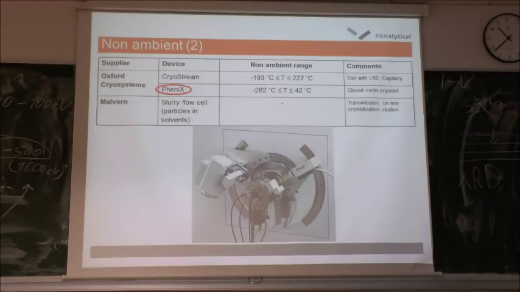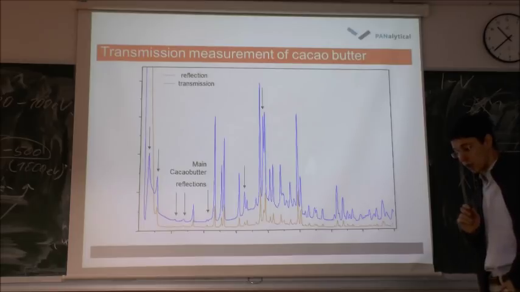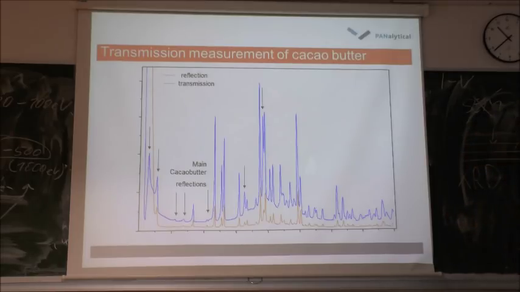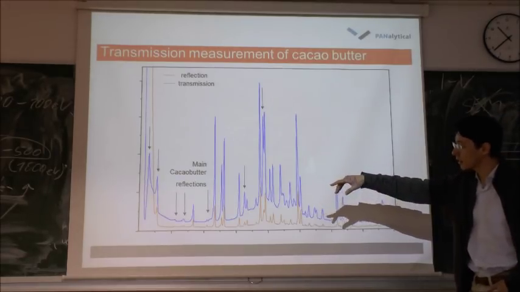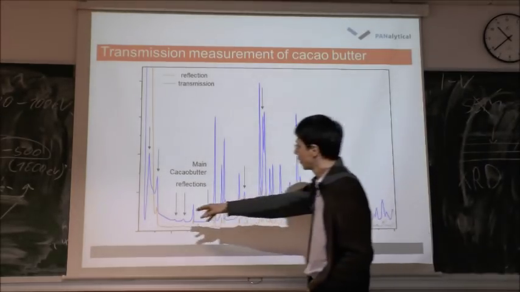Okay. Then another application, still Bragg-Brentano, is transmission. Transmission is not very often used, but it can be used in some materials that are more or less transparent, and in this case you can get higher intensity on the peaks, and at lower 2 theta value, smaller background, which is presented here.